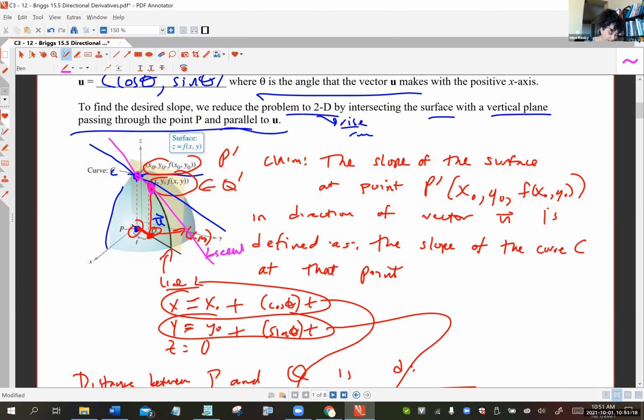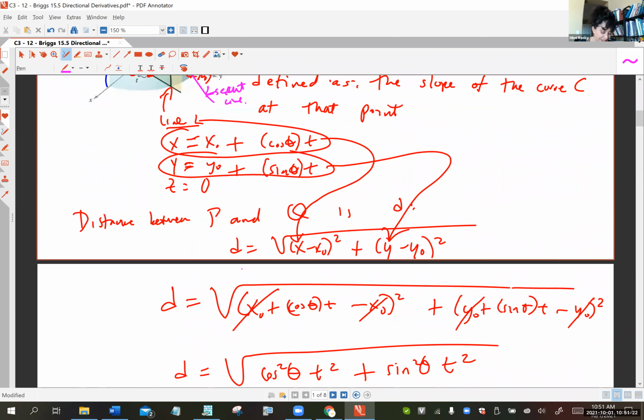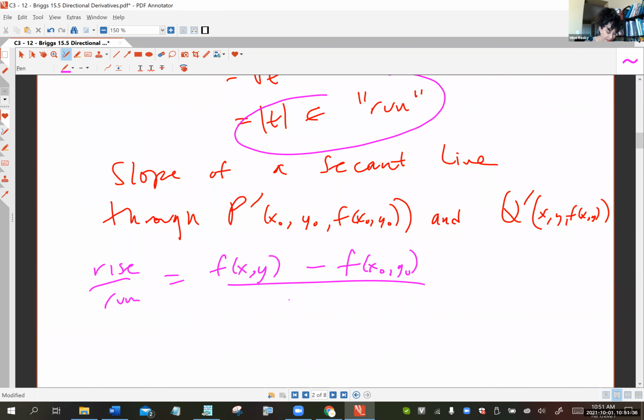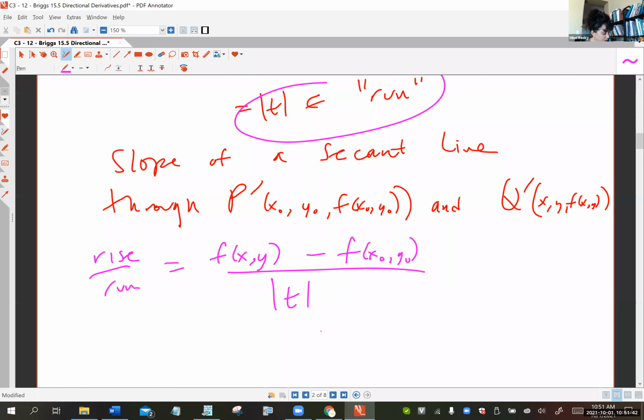And it's almost the same as my tangent line, like good enough for government work, close enough. So it's going to be rise over run, and it's going to be the difference between the x coordinates. And the run was that t, absolute value of t, because you want it to be positive. So now what? Well, we really wish this were the slope of the tangent line, and this is where you take a limit.